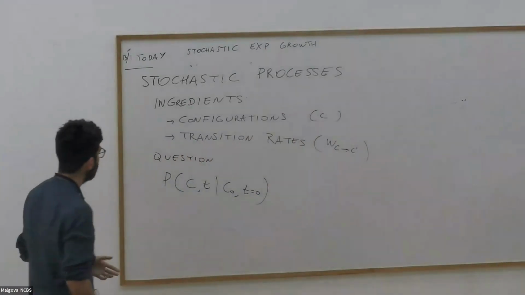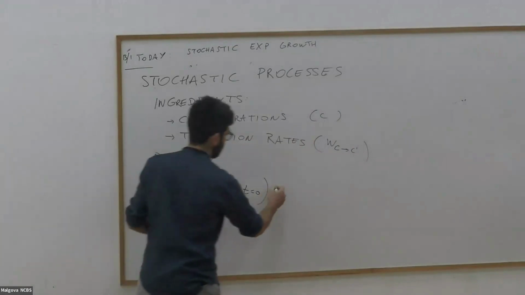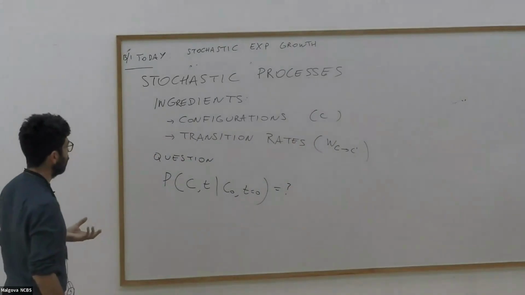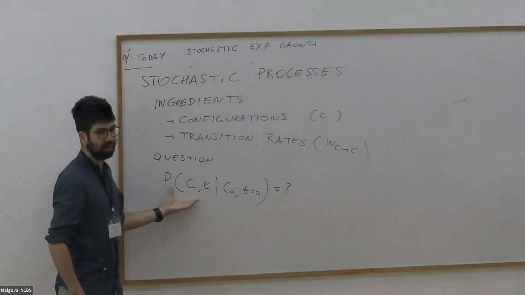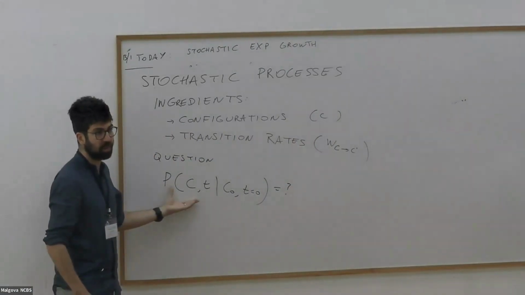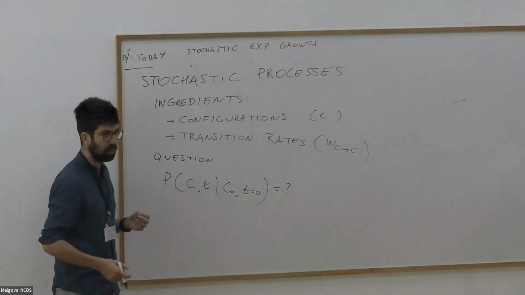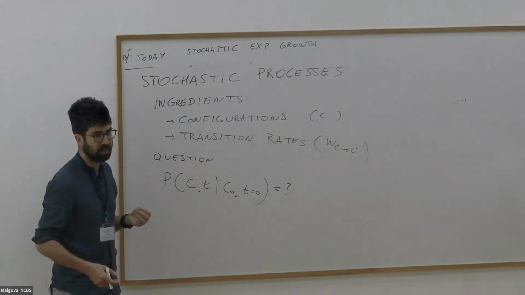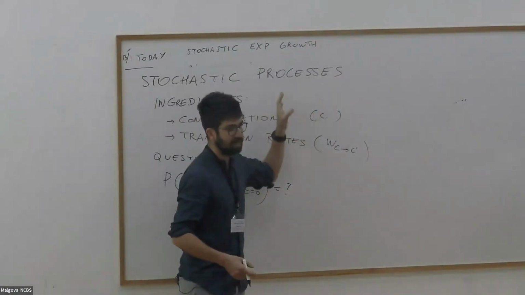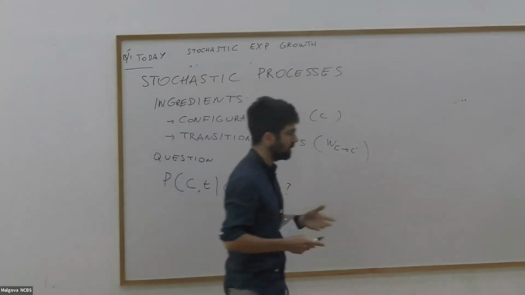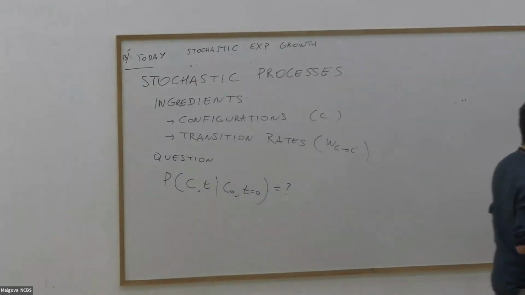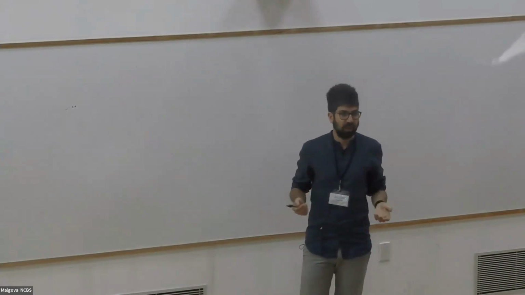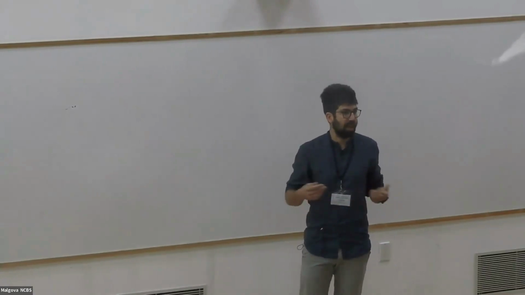Okay. Now, of course, this is the thing we want to study. So in order to study it, we want to write an equation that describes how this probability changes over time, as a function of the ingredients of our process. So somehow the space in which these configurations live. For instance, we considered the case of the random walk, but in general, in ecology, we will not be interested in the random walk. Instead, we will be interested in abundances.